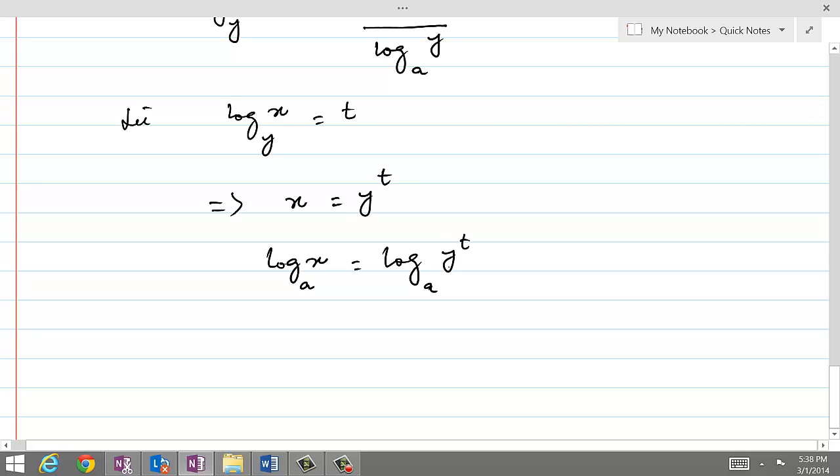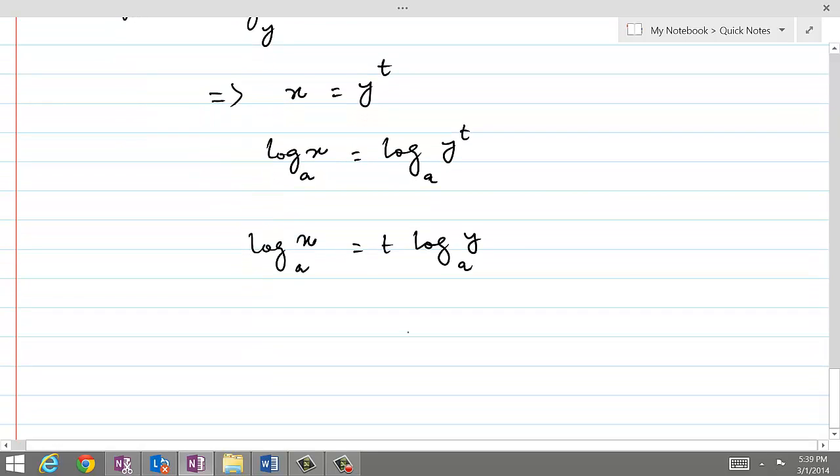And if we apply the third law of logarithms, this will become t times log of y base a, and on the left hand side we still have log of x base a.